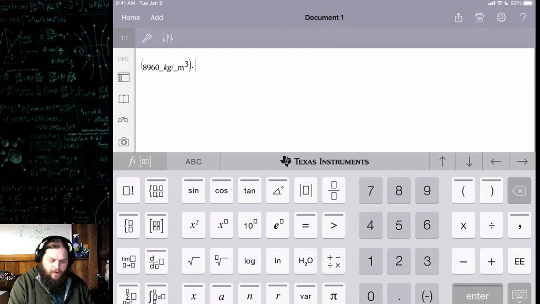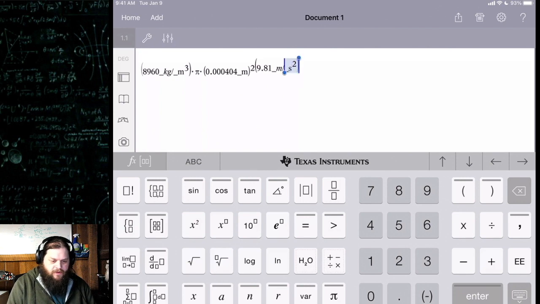Multiply by pi times 0.0000404 meters. Outside of the parentheses, I'll square it, making sure I'm squaring the meters and the value itself, times 9.81 meters per second squared.